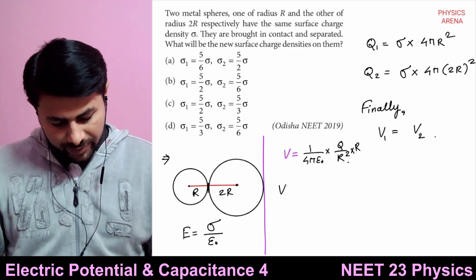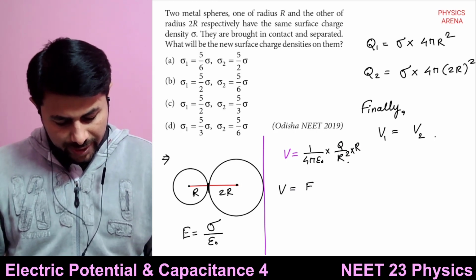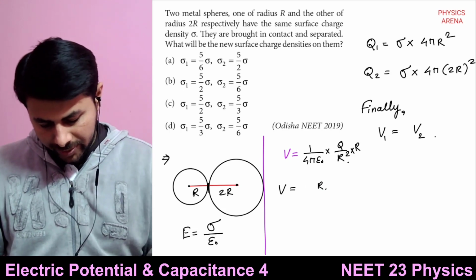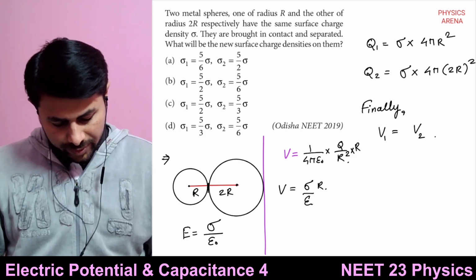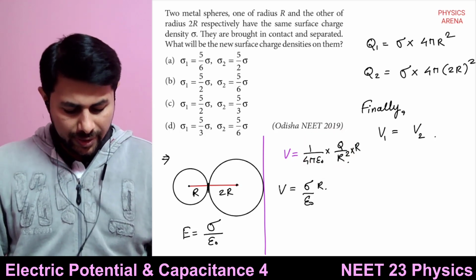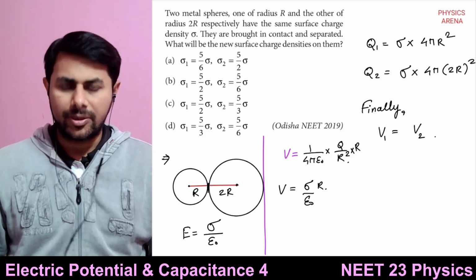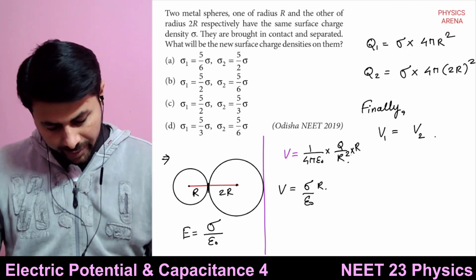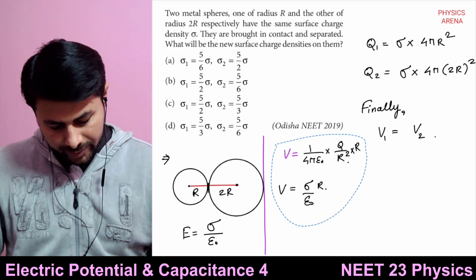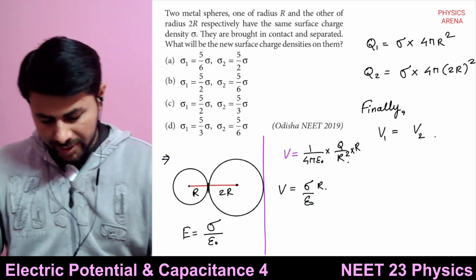So I can say V is equal to E multiplied by r, or it is sigma upon epsilon naught. Electric field is sigma divided by epsilon naught, and V is equal to sigma upon epsilon naught multiplied by r. Okay, this formula we can use for spheres only.